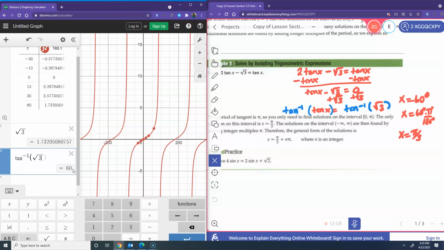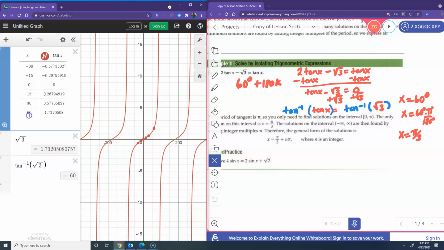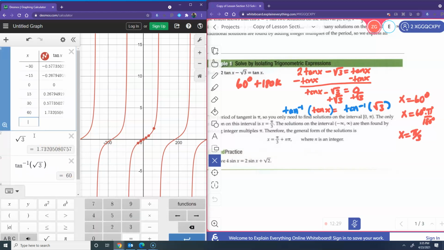All you have to do is add 180 degrees to 60 to figure out when it's going to occur again. So your answer is 60 degrees plus 180 times k. The k allows us to make it repeat. If I put 60 plus 180, I should get 240, right? And you notice I get the same ratio again.